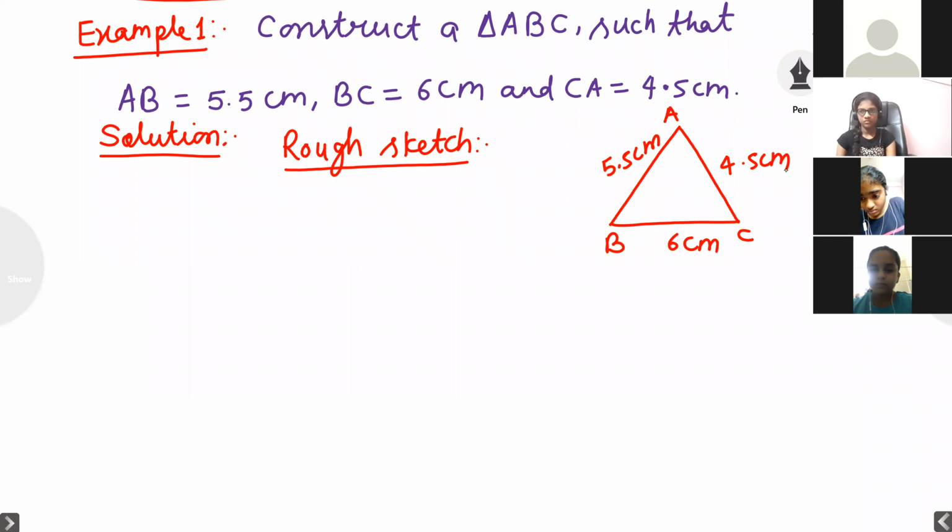How to construct? First, what is the base? I always start from the base. Base is BC, and I want to draw it 6 centimeter. Stop writing, students, concentrate here.